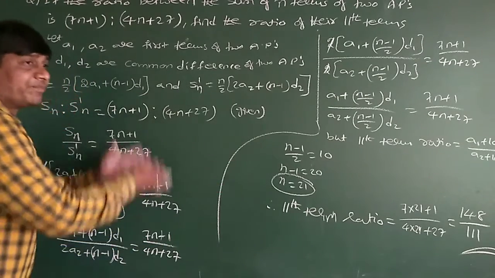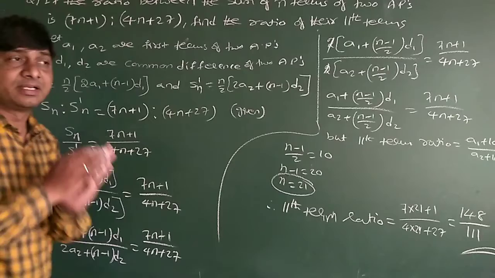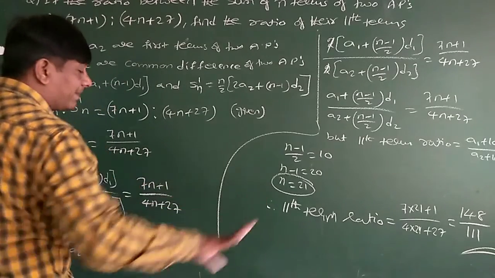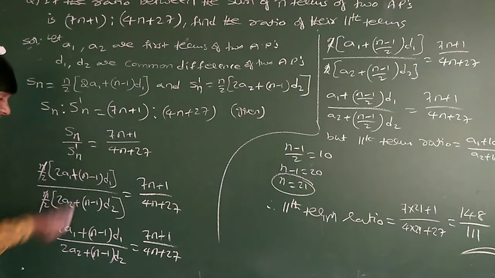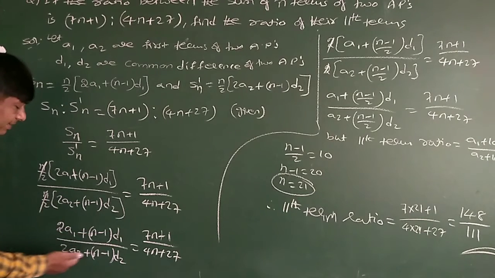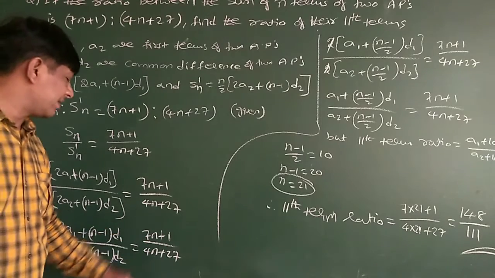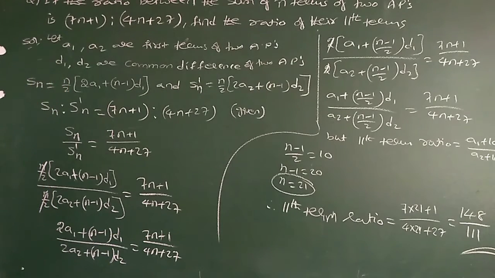The right hand side is given information. We are not doing any simplification in that given part. Whatever is my assumption part, only that I am simplifying here. Now n by 2 gets cancelled: 2a1 plus n minus 1 into d1 by 2a2 plus n minus 1 into d2 is equal to 7n plus 1 by 4n plus 27.